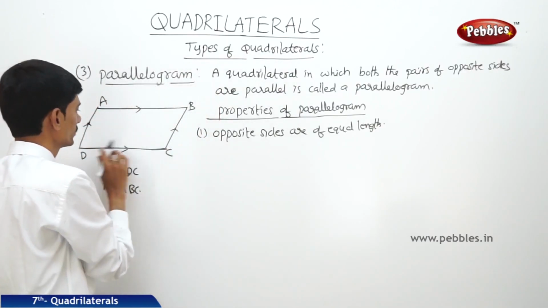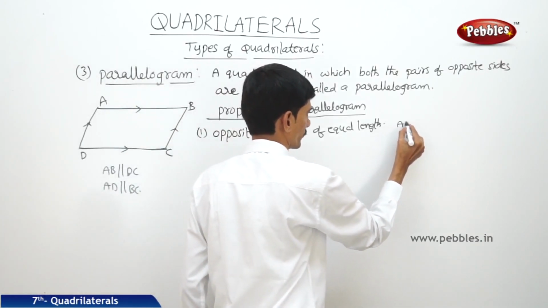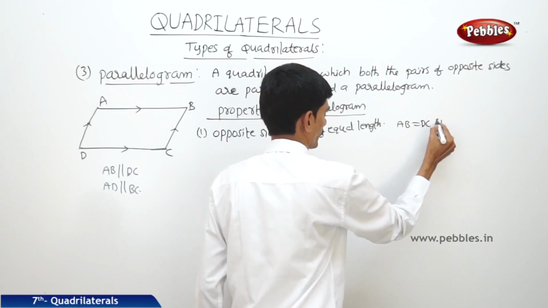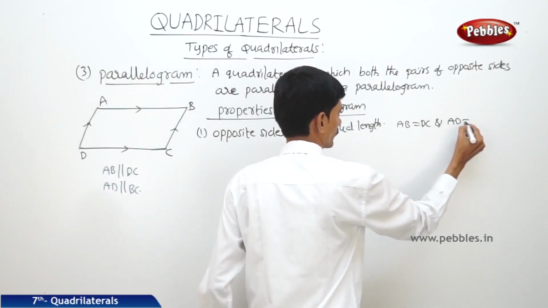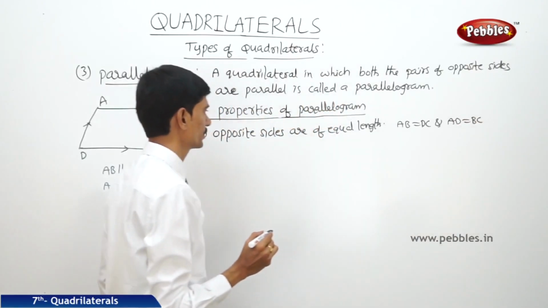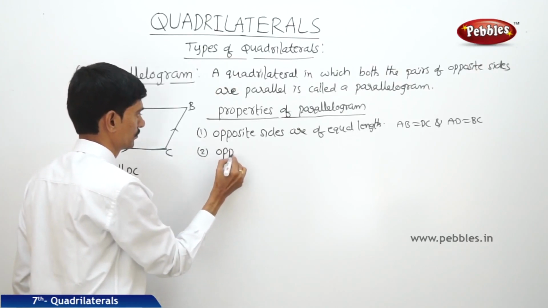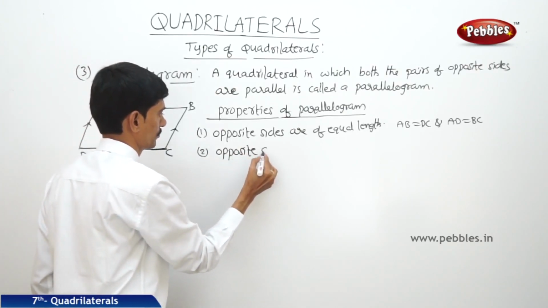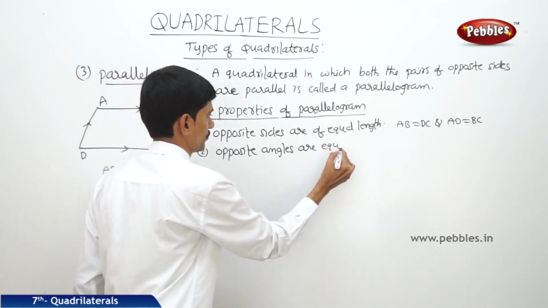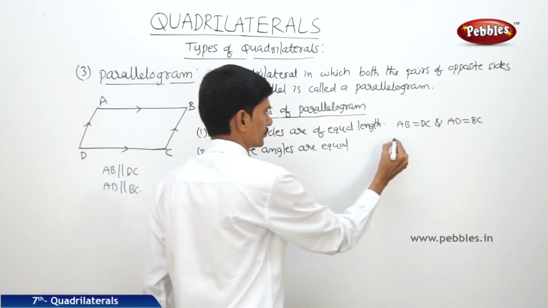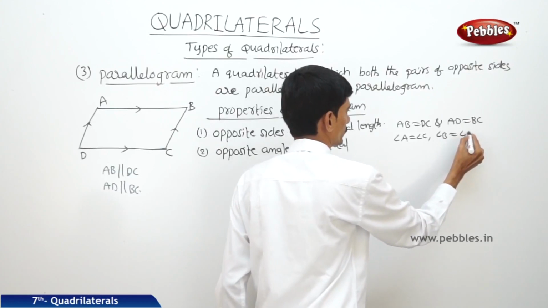So AB equals DC, and AD equals BC. Next, the opposite angles are equal. So angle A equals angle C, angle B equals angle D.